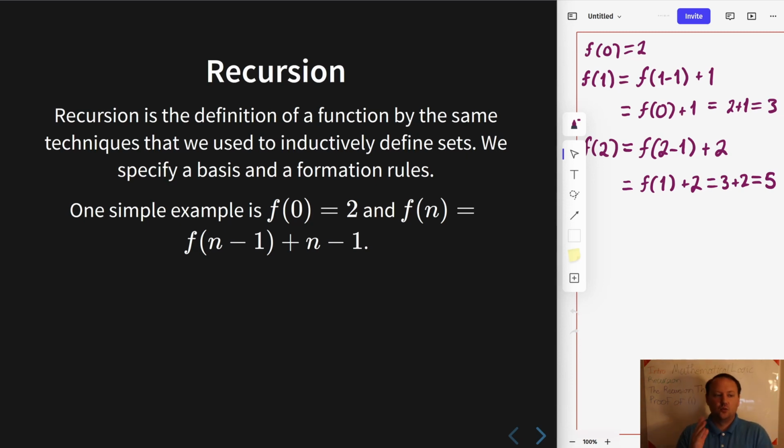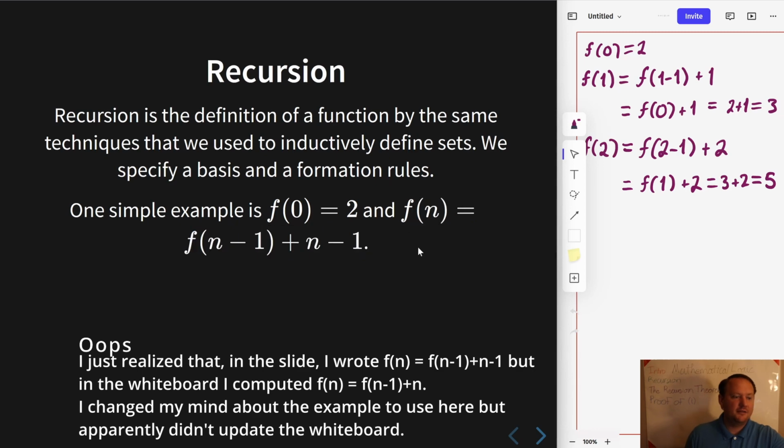Then there's going to be a rule taking us from earlier cases to later cases, and that's going to be the recursive part. I define f at n in terms of, importantly, two ingredients. There's the earlier value of f, which we're writing as f of n minus 1, and there's the earlier input, which I'm calling n minus 1.